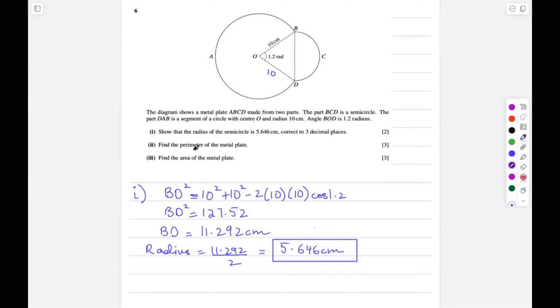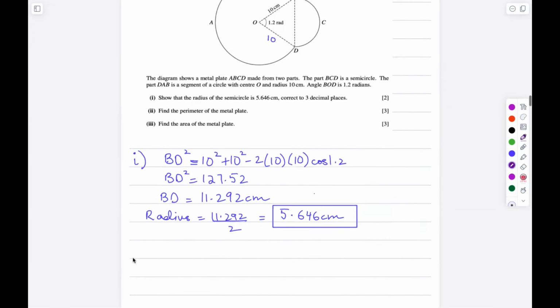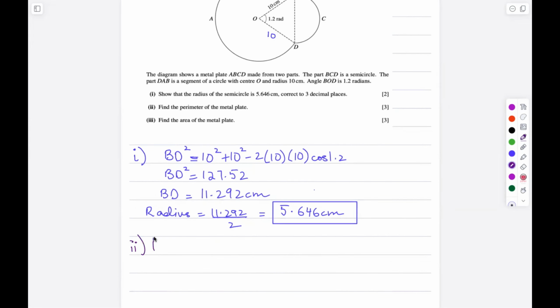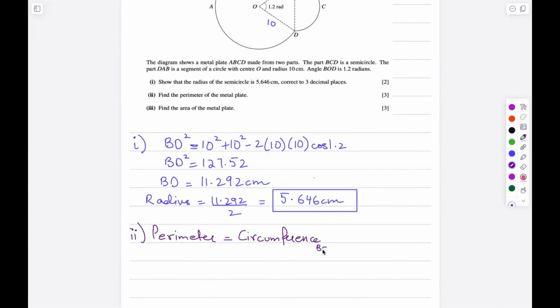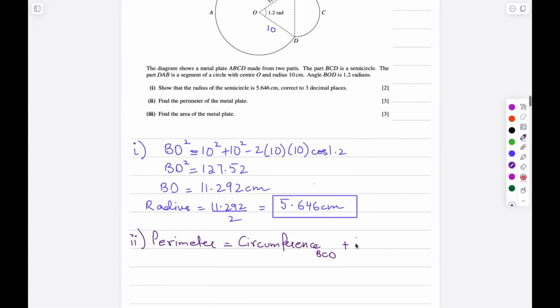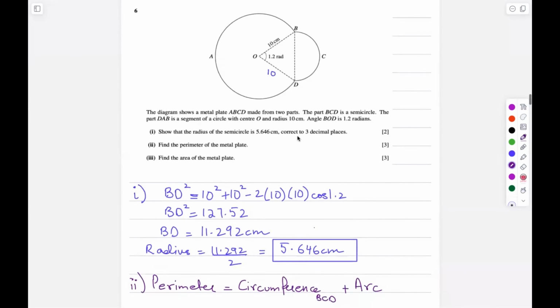In part 2, we have to find the perimeter of the plate. Now the perimeter consists of the arc length BD of the sector and the arc length BD of the semicircle. So for the perimeter, we'll find the circumference of the semicircle, which is BCD, and the arc length of the sector, which is BAD.